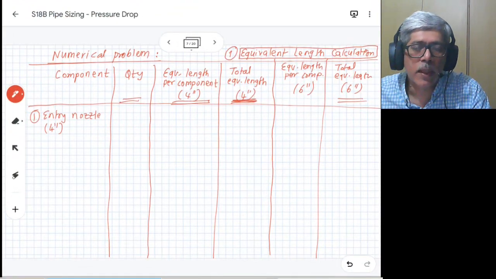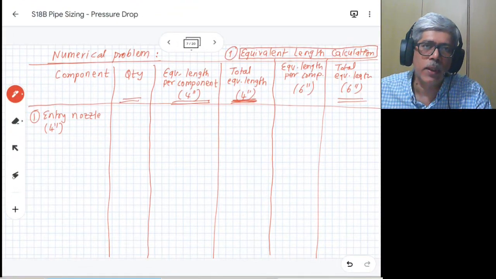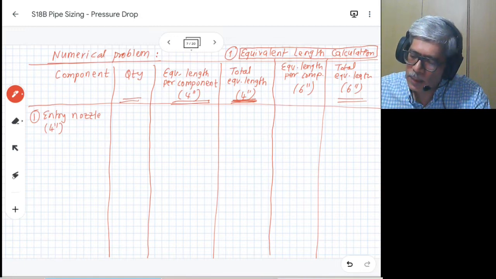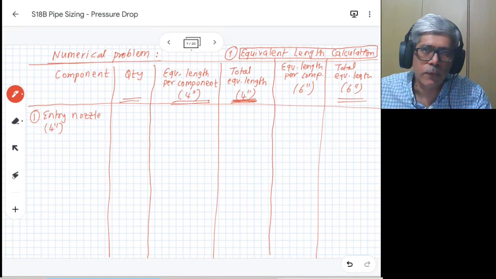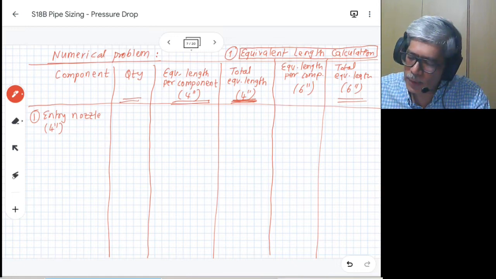In order to do this calculation, we have to go into the table which gives you the equivalent straight length for entry and exit of the pipeline. Remember that this is entry into the pipeline, so from vessel to pipeline. That is what we are looking into.